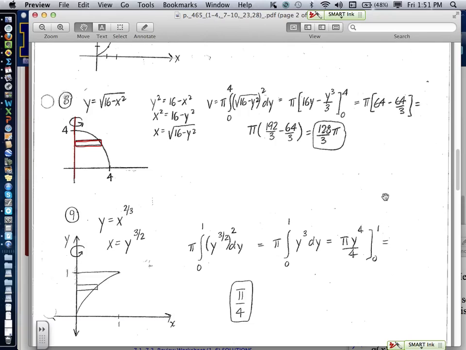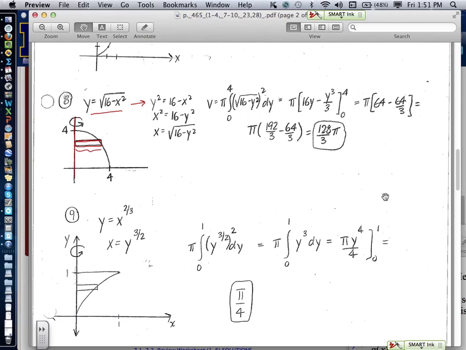So you're looking at this original equation, you're solving for x. Square both sides of the equation, that's how we get here. Solve for x squared by subtracting 16 and then multiplying through by a negative 1. And then finally you get x equals the square root of 16 minus y squared. So the x coordinate again is your radius.